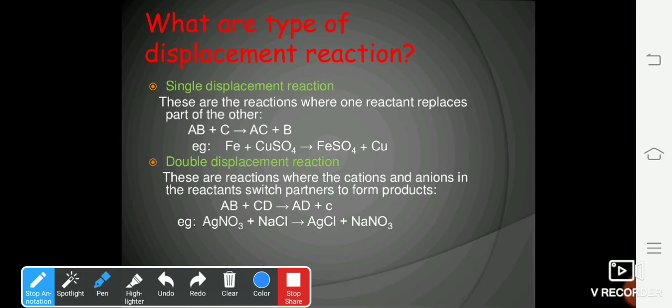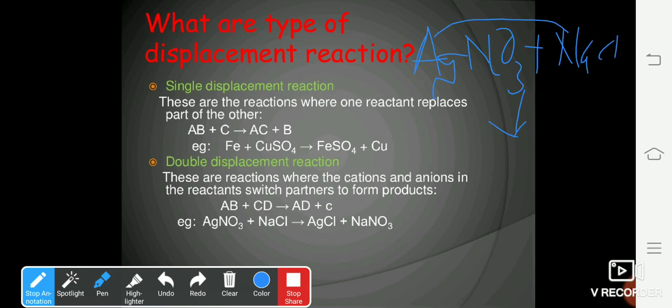Look at an example of precipitation reaction, like silver nitrate plus NaCl will give me, now Ag will go in place of Na and Na will come in place of Ag, double displacement, exchange of cations, you can see. Now what are cations? Just to recollect, cations are positive ions.